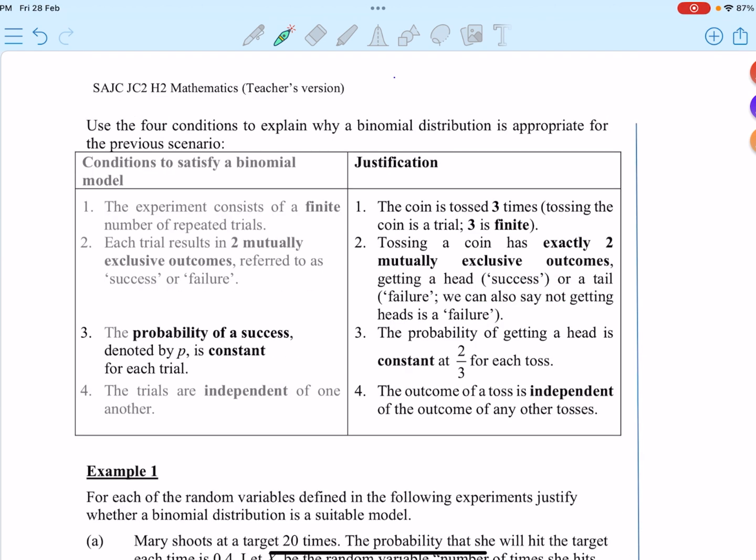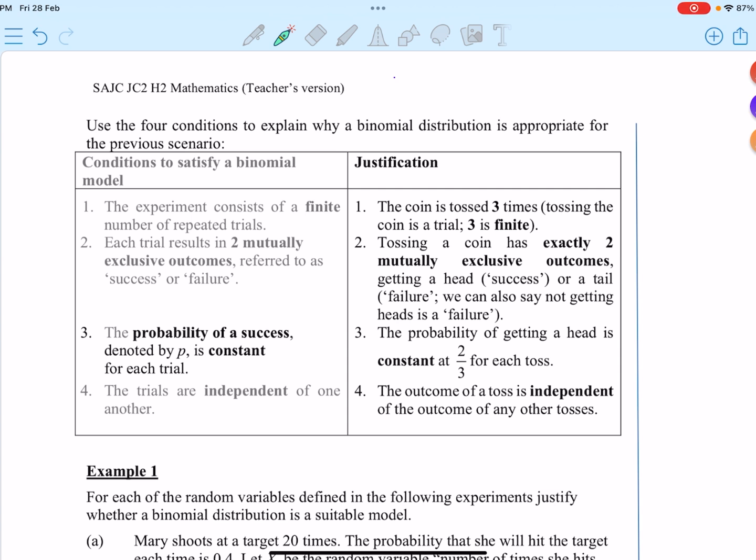We will use the 4 conditions to explain why a binomial distribution is appropriate for the previous scenario. The conditions are stated on the left-hand side of the table. We will discuss one by one whether the conditions are satisfied. Let's look at the first condition.